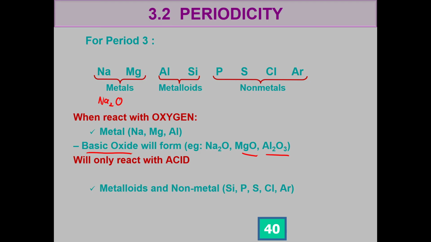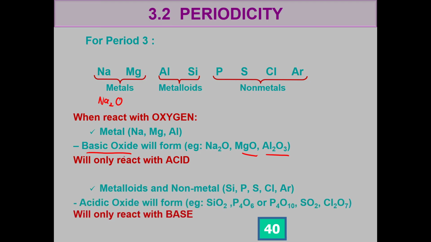Okay, untuk bila dia basic oxide, dia suka react dengan acid sahajalah. Sebab kalau you guys remember, base and acid, diorang ni macam musuh. So kalau boleh diorang nak lawan with each other only. Diorang tak nak lawan with diri diorang sendiri.